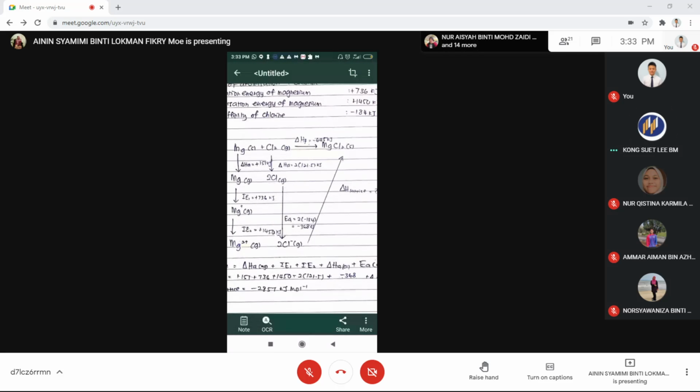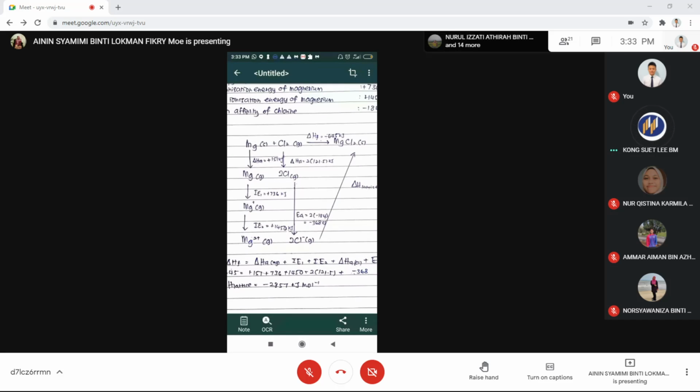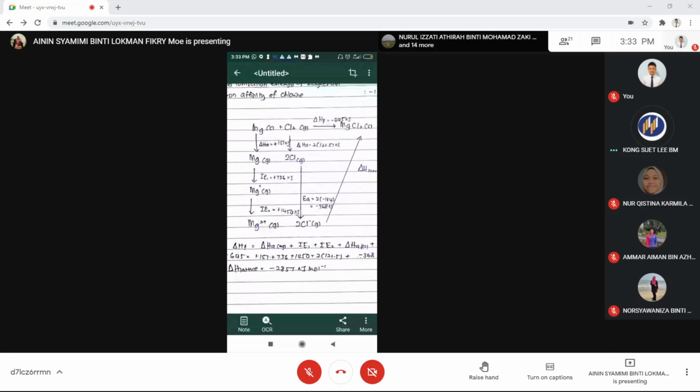So just put the data, negative 645 kilojoule, and here magnesium solid change to magnesium gas. Here this process is called enthalpy of atomization. So we just put the value from the data above.